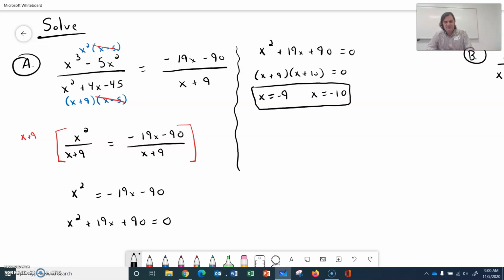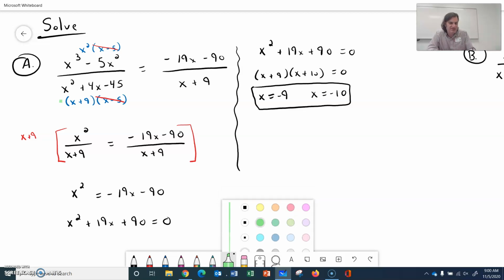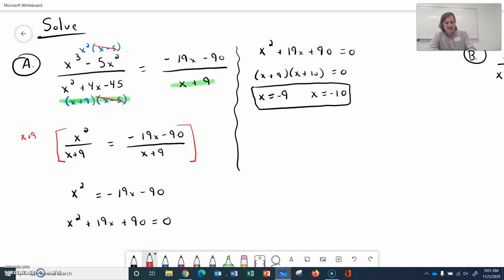Now remember what I've said, you don't have to check these answers to make sure they balance 100%, but you do need to make sure they don't cause problems in your denominator. And your first denominator was essentially x plus 9, x minus 5, and your second denominator was x plus 9. And if you plug that negative 9 solution in, it actually causes it to be undefined.